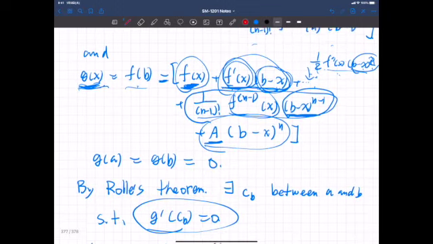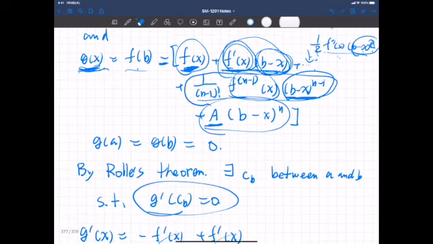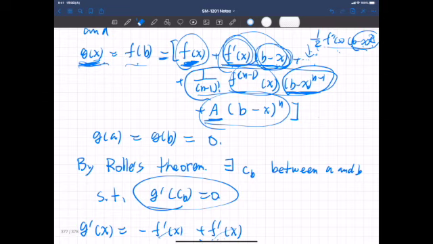So if we substitute x with a, and the value is 0 here, so this becomes 0, and this becomes, wait a minute, 1 over n factorial and the nth derivative of f evaluated at a.